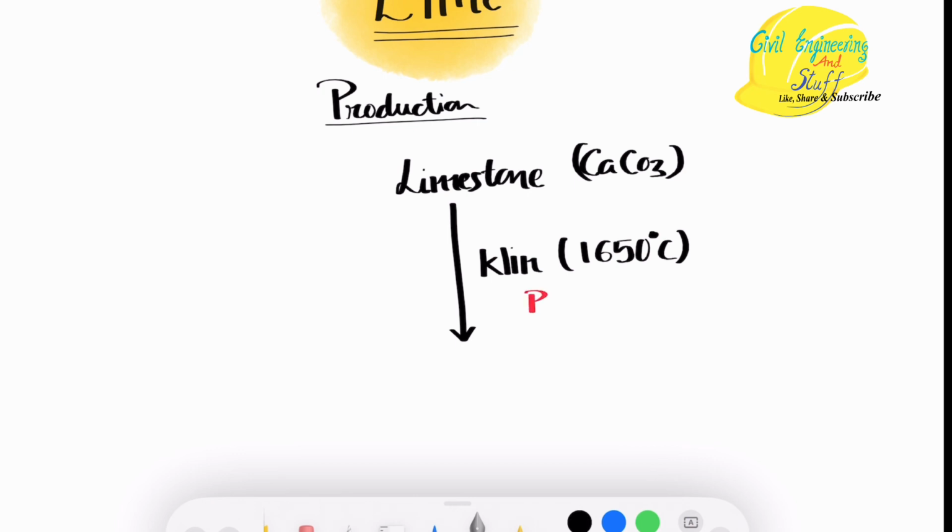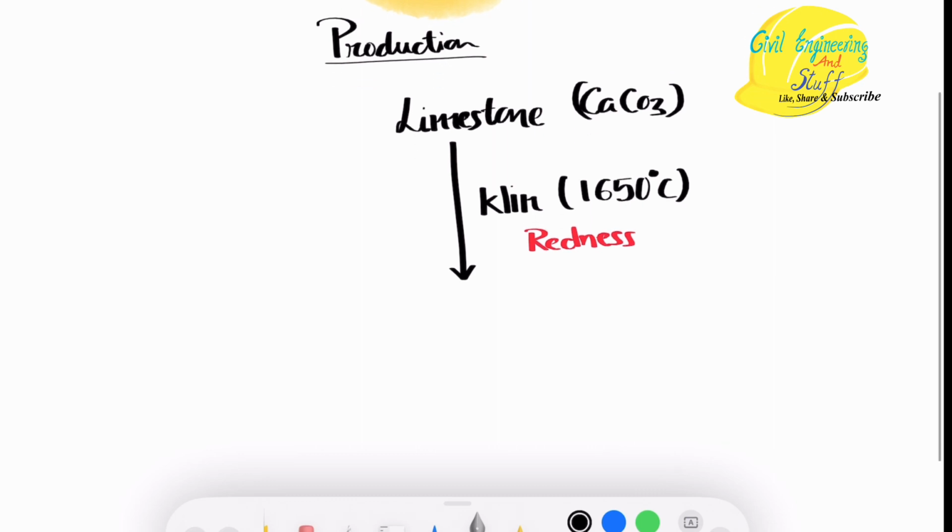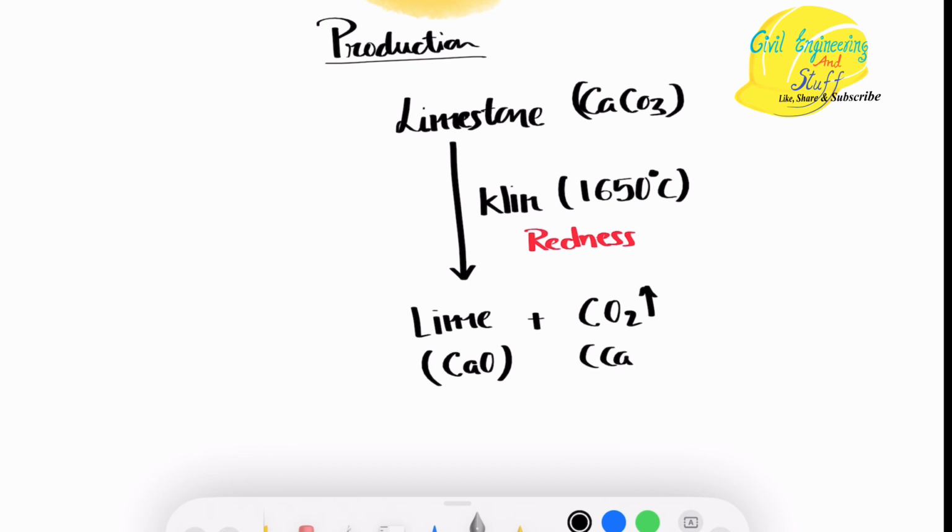That is, the limestone turns red upon the introduction of so much heat in the kiln, and during this process, once it is burned at this temperature, limestone breaks into lime, that is CaO, and carbon dioxide is released.